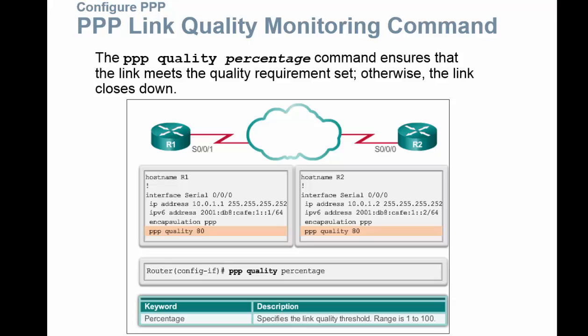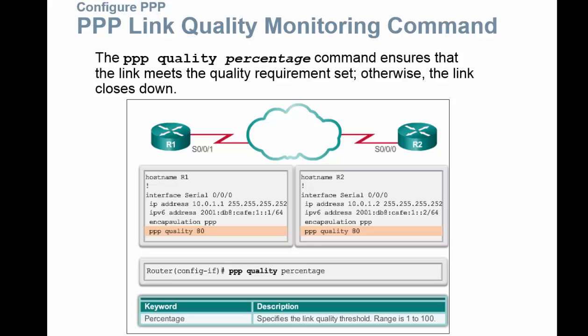Remember that PPP quality with LCP provides an optional link quality determination phase, and in this phase your LCP tests the link to determine whether the link quality is sufficient to use a layer 3 protocol. The ppp quality percentage command ensures that the link meets the quality requirement set, otherwise the link will be closed down.